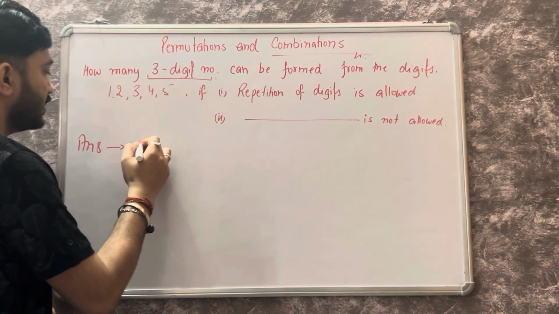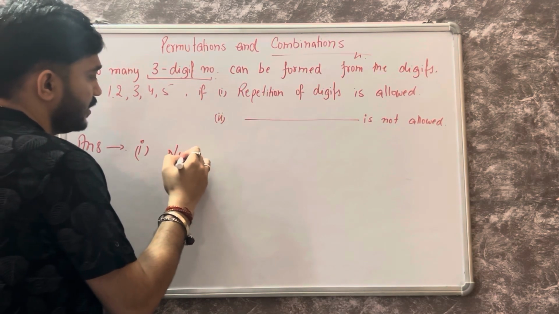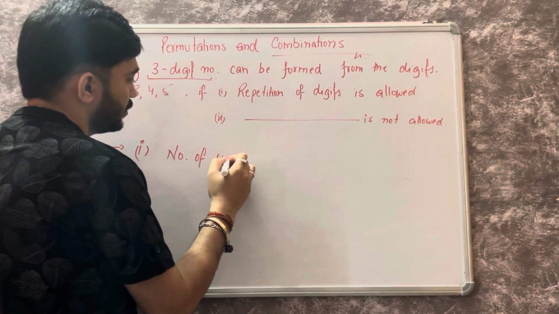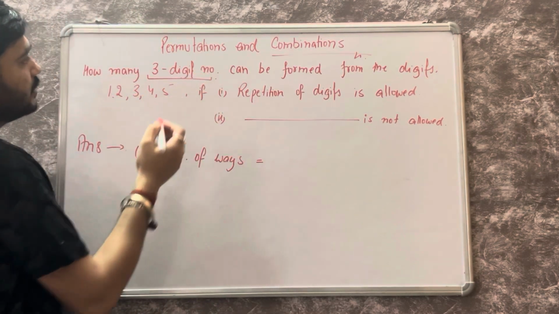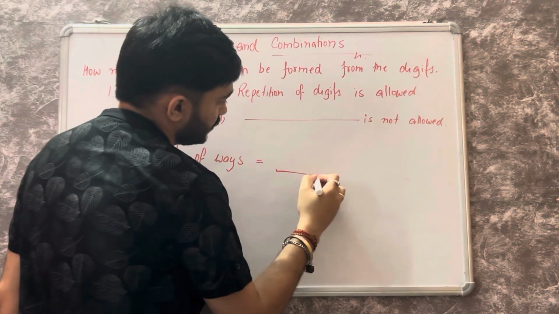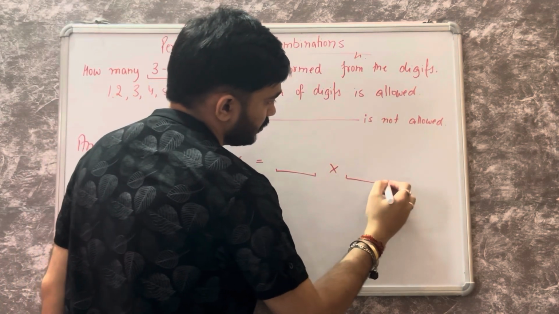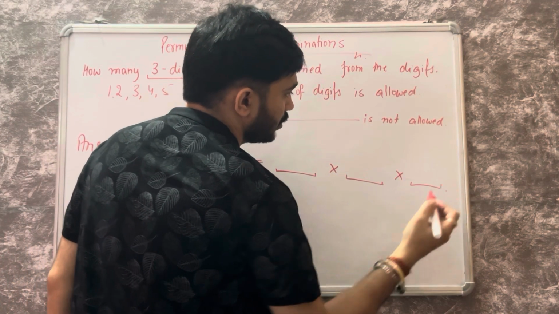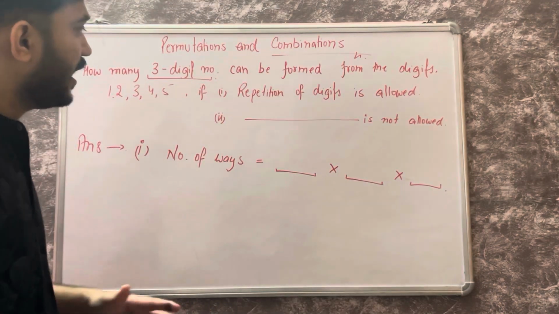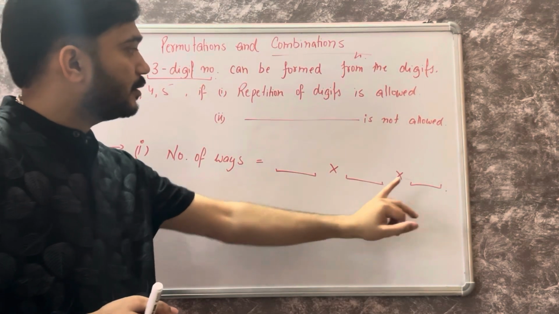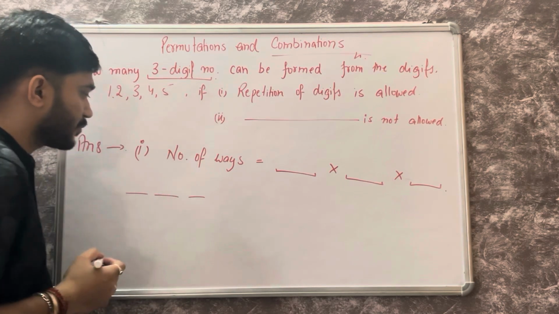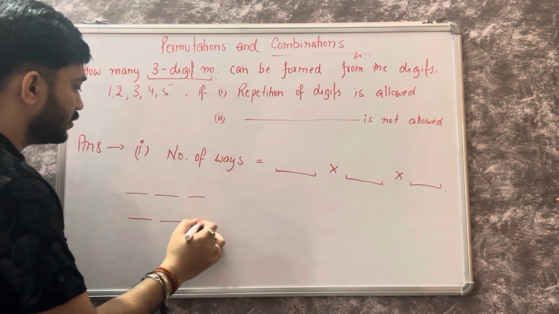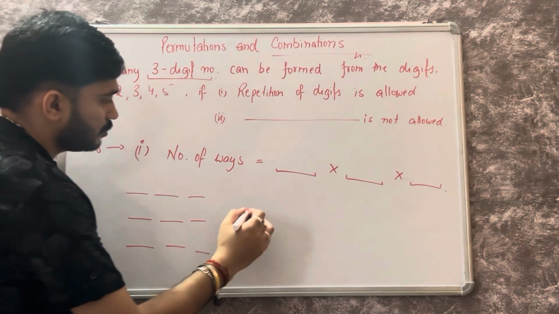Now the first case is, the number of ways in which we can write them is equal to, since you have to make a 3-digit number, place 3 spots here and you are going to place some number here. Let us assume that you are going to write a 3-digit number. So how many ways you can write it depends on these things.